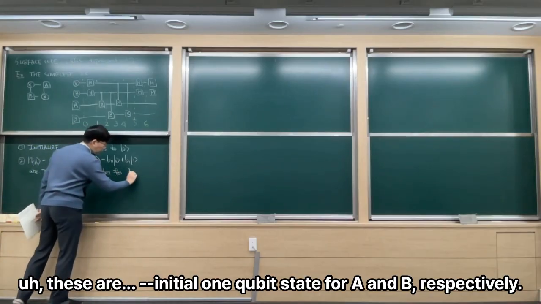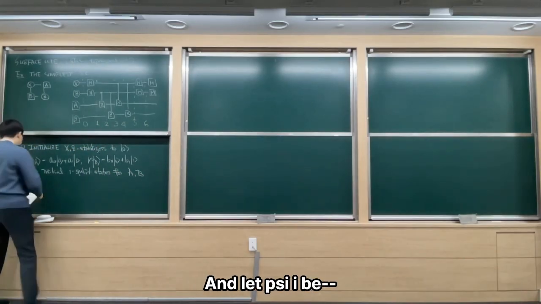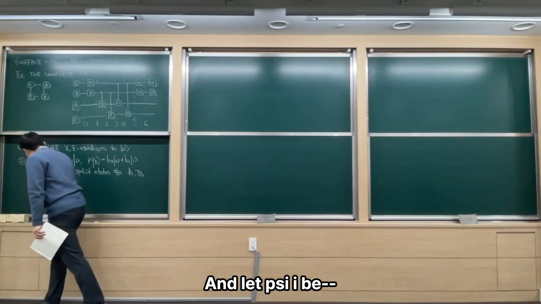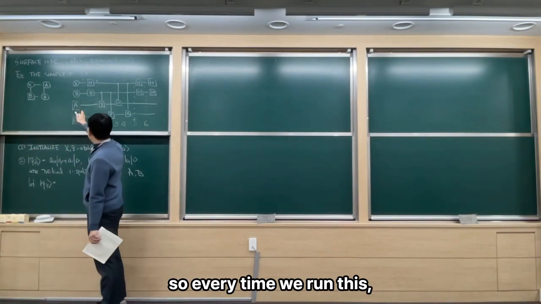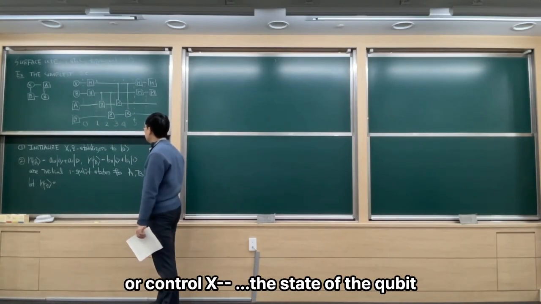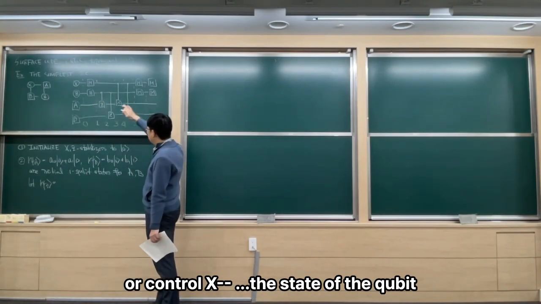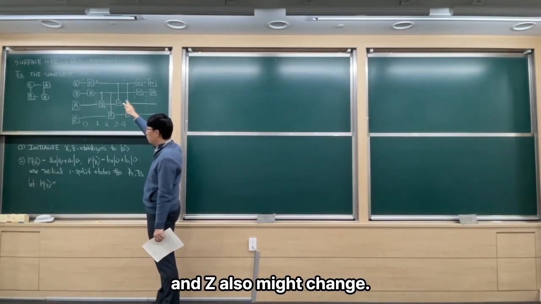So these are the initial 1 qubit states for A and B respectively, and let psi i be the state at step i. Every time we run this Hadamard or control Z or control X, the state of the qubits A and B will change, and the state of X and Z might also change.